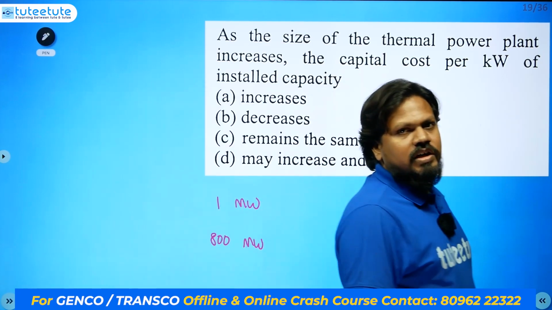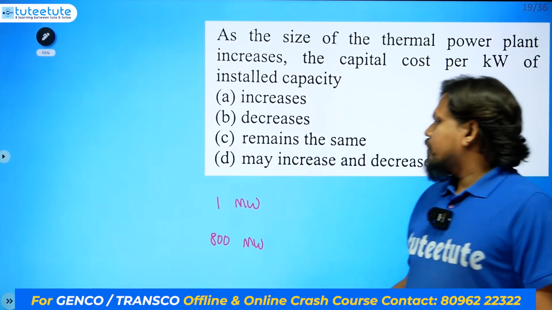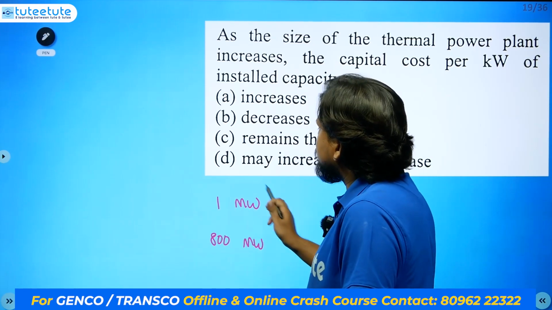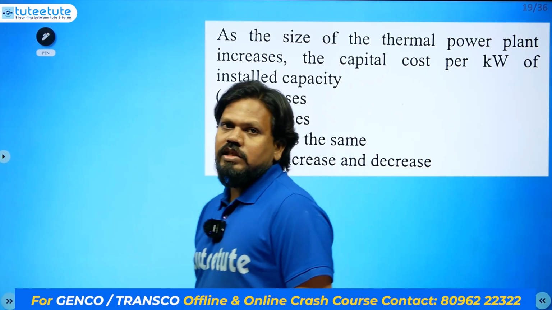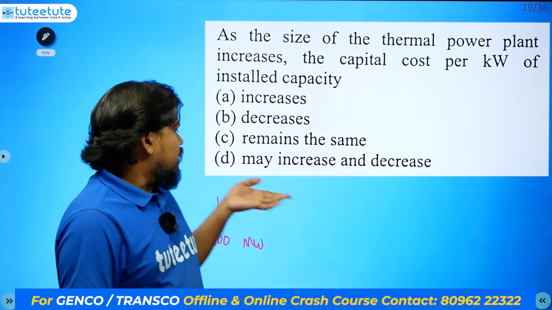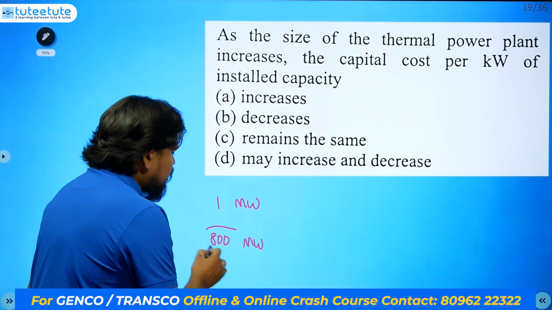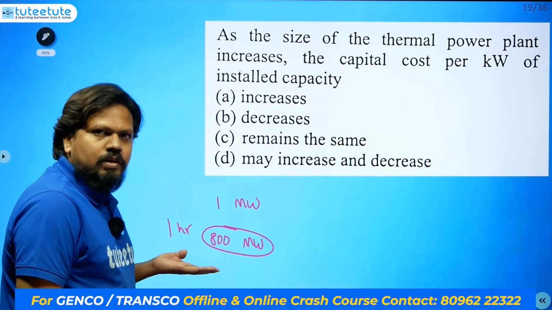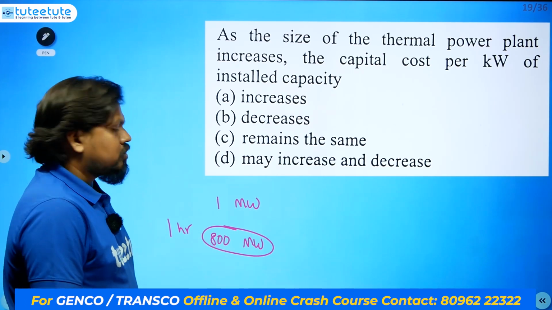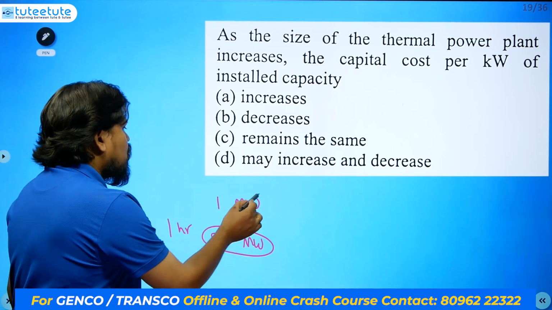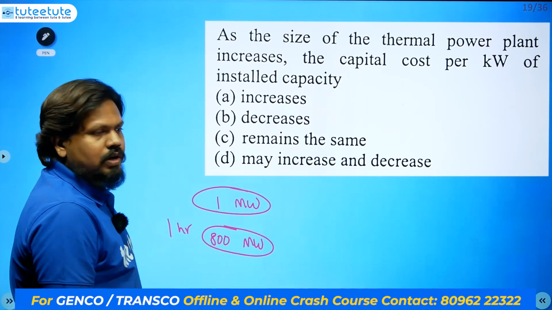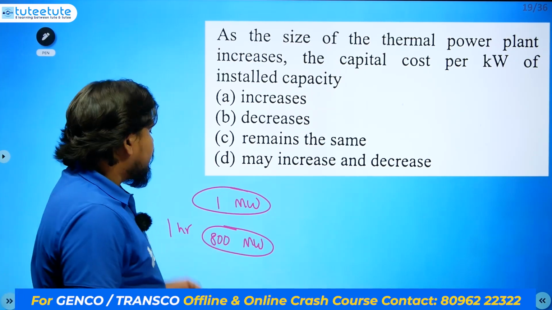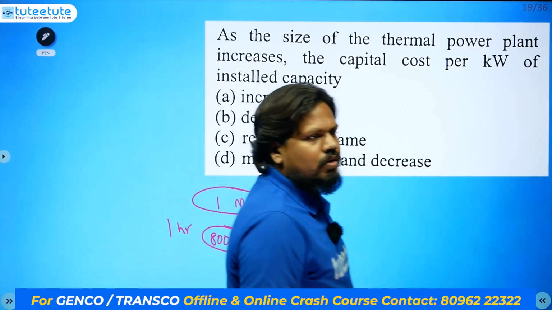How much it can generate. For the small one, transportation charges, construction charges, running charges, all these things will be relatively more. But once you operate for 1 hour, 1 megawatt hour of energy is produced here, whereas 800 megawatt hours is produced there.